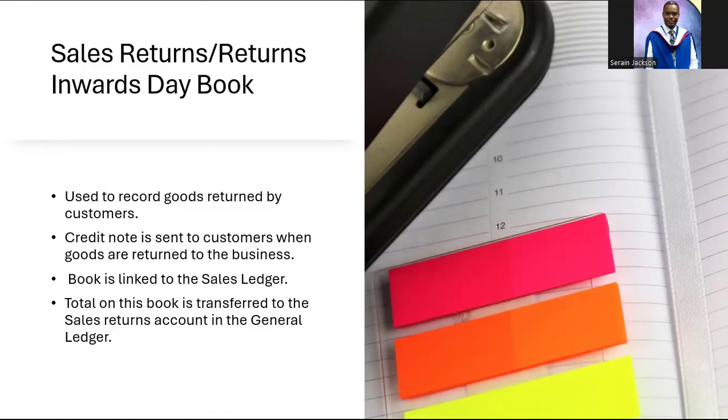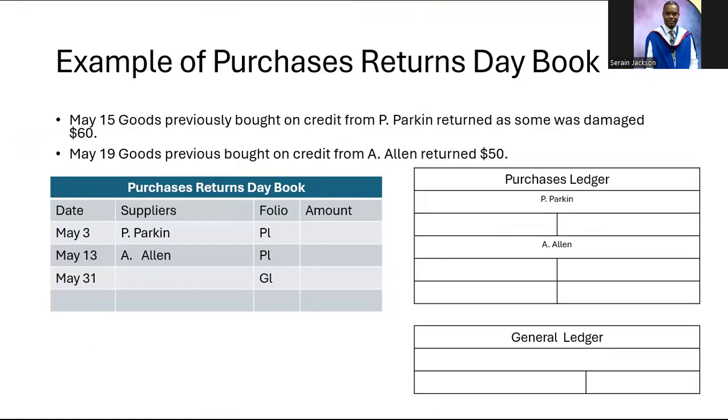So the book is linked to the sales ledger because that is where you'll find your debtors or your customers' accounts. The total on the returns inwards daybook is then transferred to the sales returns account, or you can say the returns inwards account, in the general ledger. Pretty simple concepts. So let's look at an example.